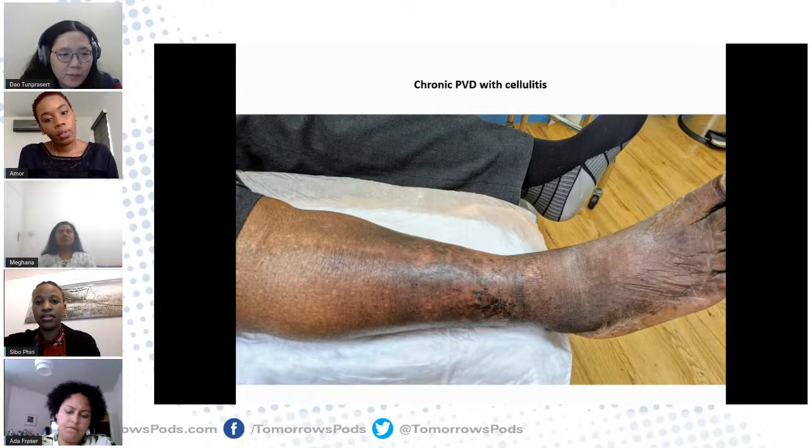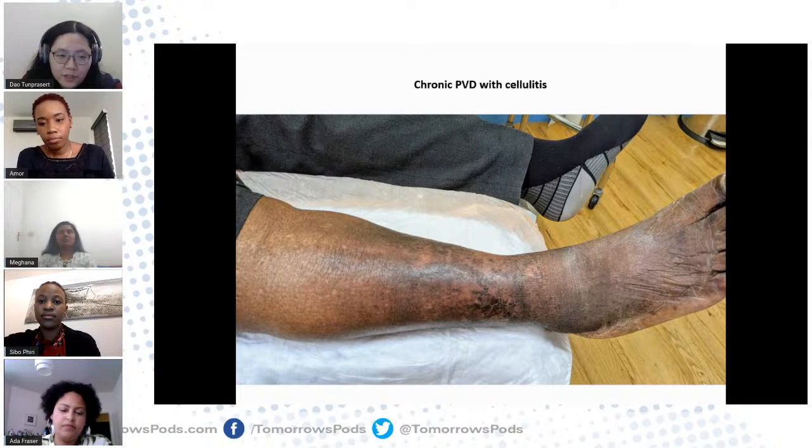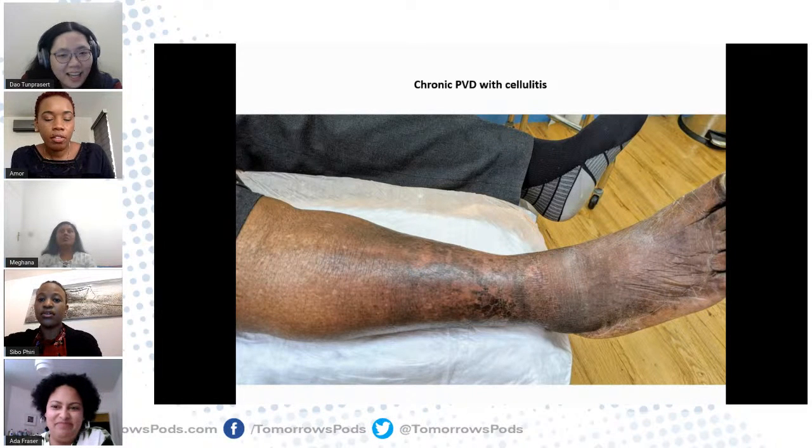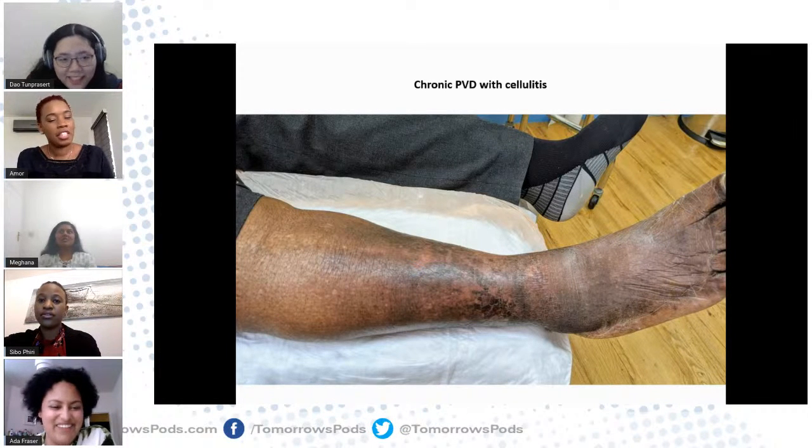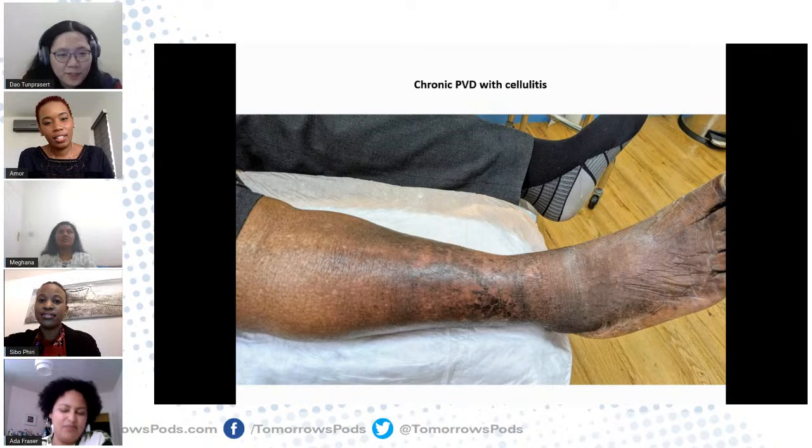I find this one interesting when you first sent this photo to me, Sibo, you mentioned hemosiderin, right? Yeah. And do you guys remember how the textbook might describe the color of hemosiderosis? Brown deposits. Yeah, so it's a brown, brick-like color deposit. And look at this photo.